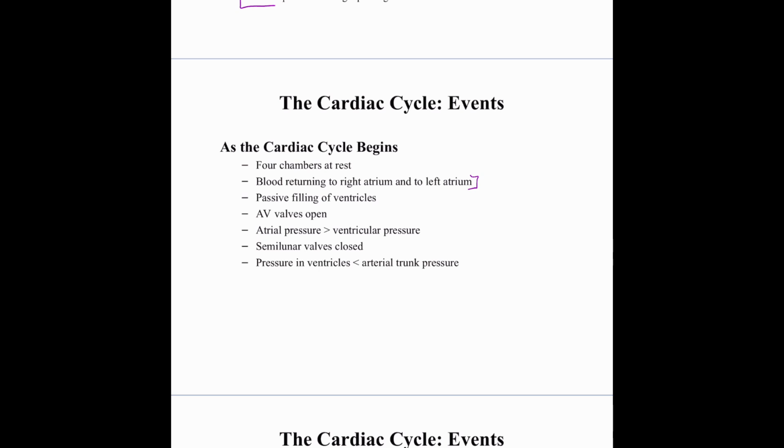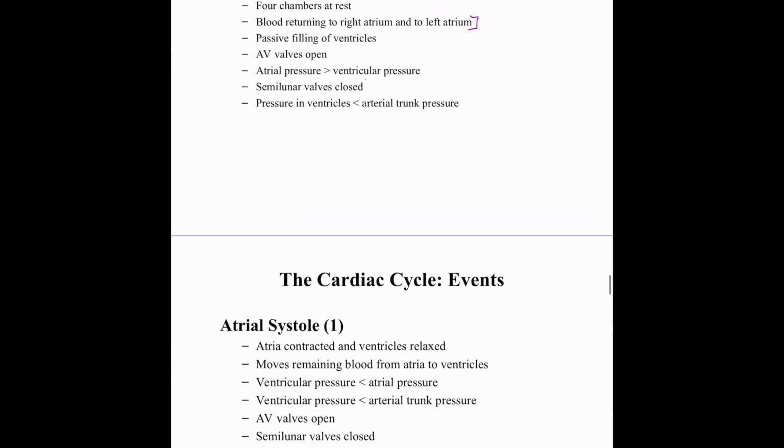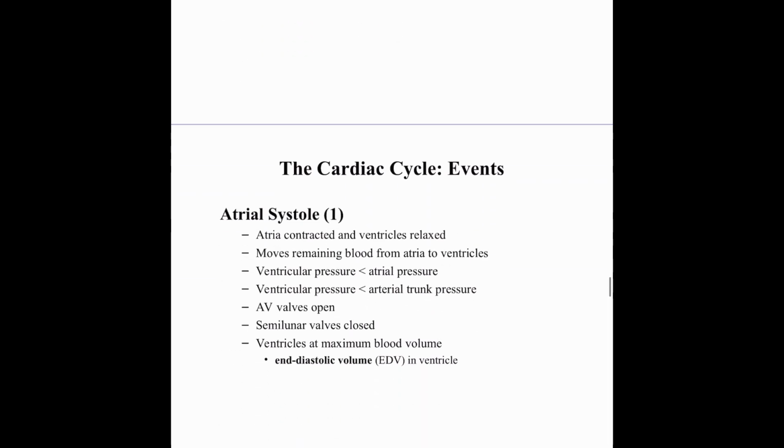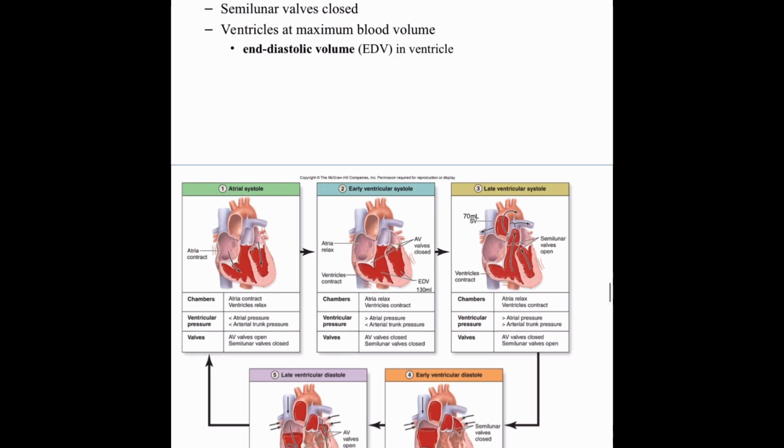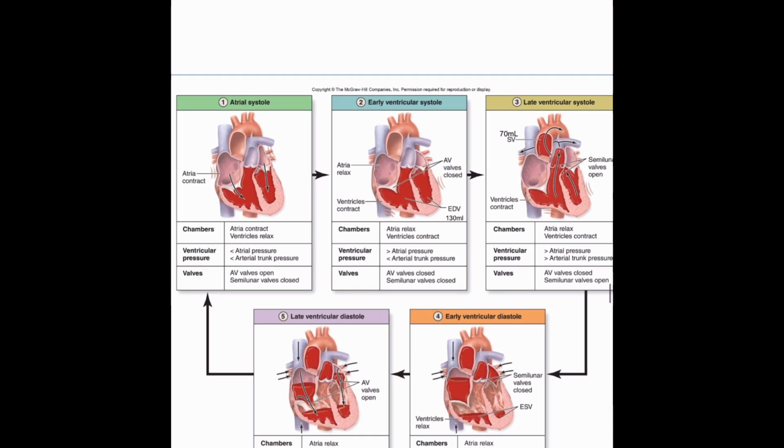Just get familiar with what is opening and what is causing pressure. So contraction increases pressure, and it prevents backflow, right? So you're keeping the AV valves pushed and kept closed, whereas relaxation will close the semilunar valves, but the AV valves will open. So be able to know this as well.